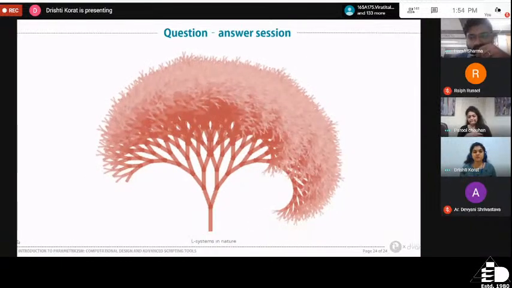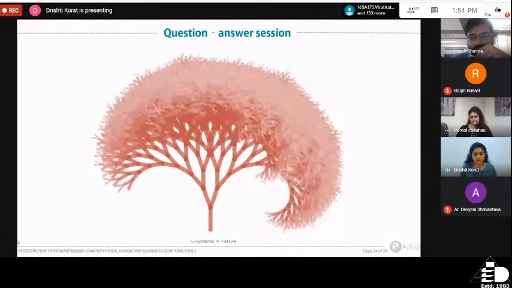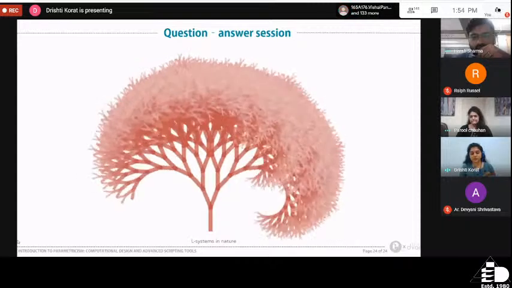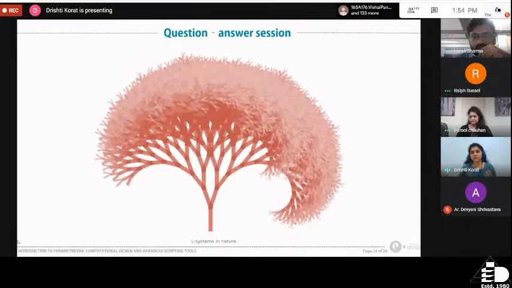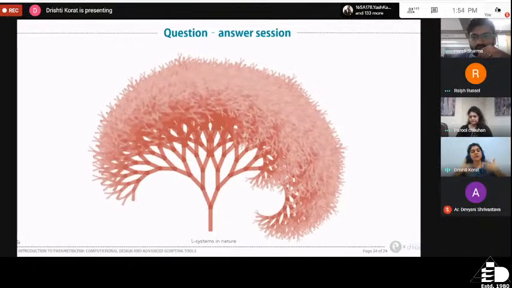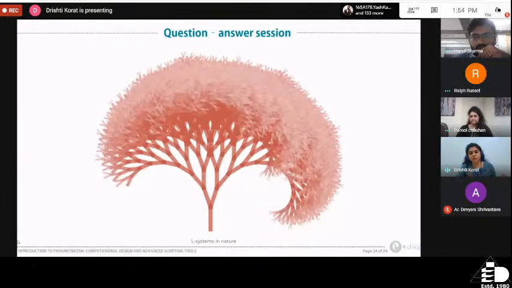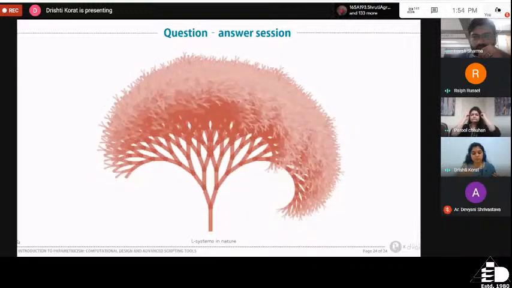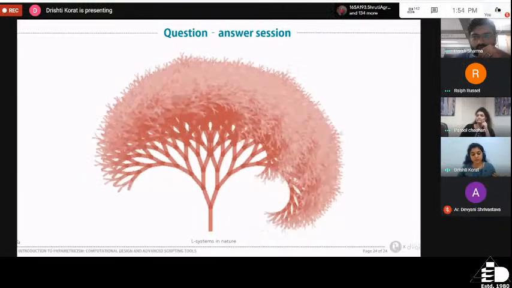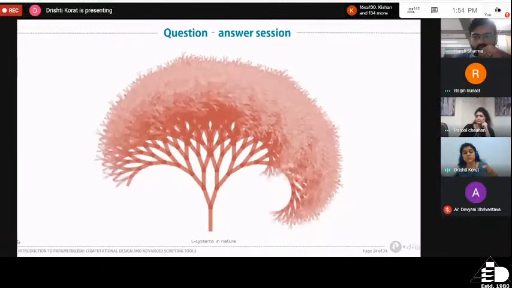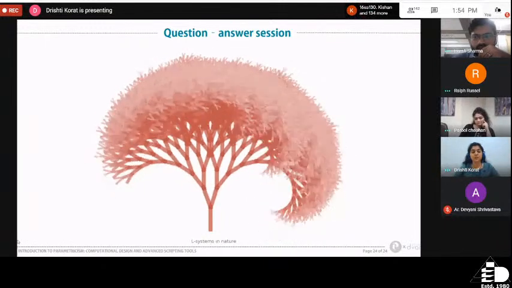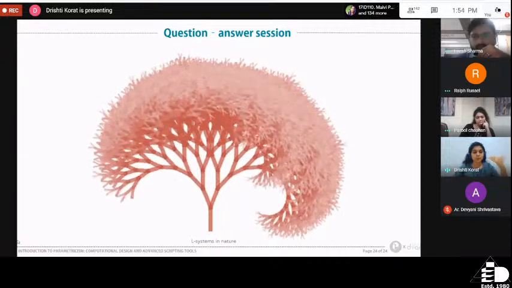Yeah. So to add to that, there's a major shift in the process. When we model, or today when we design, we are designing the product or the form. But what computation has to offer is the shift where we are designing the process which will design the product. So we're not designing the product directly.